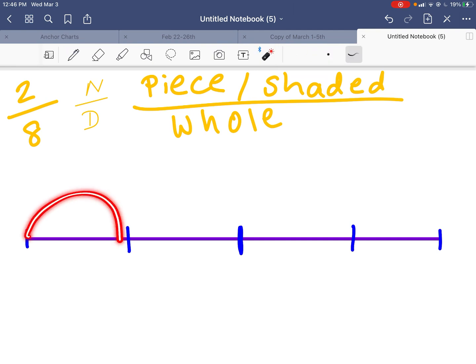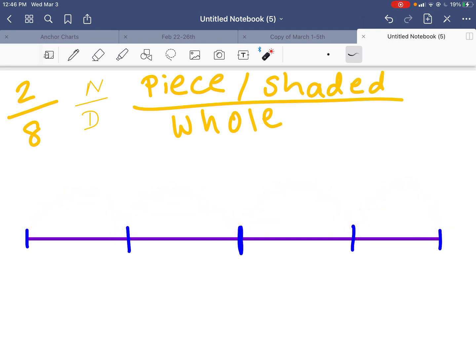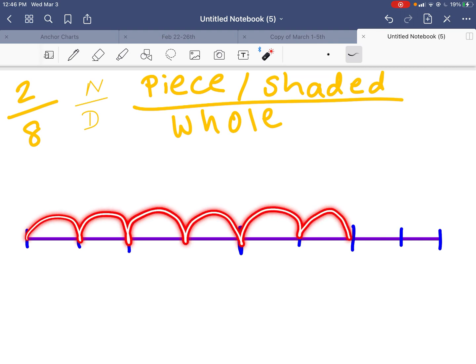Well, I have 4, okay? So I know that I need 4 more pieces. All right, so I'm going to take all of these 4ths, and I'm going to partition them again in half. Okay, so now if I count, I should have 1, 2, 3, 4, 5, 6, 7, 8 equal pieces.